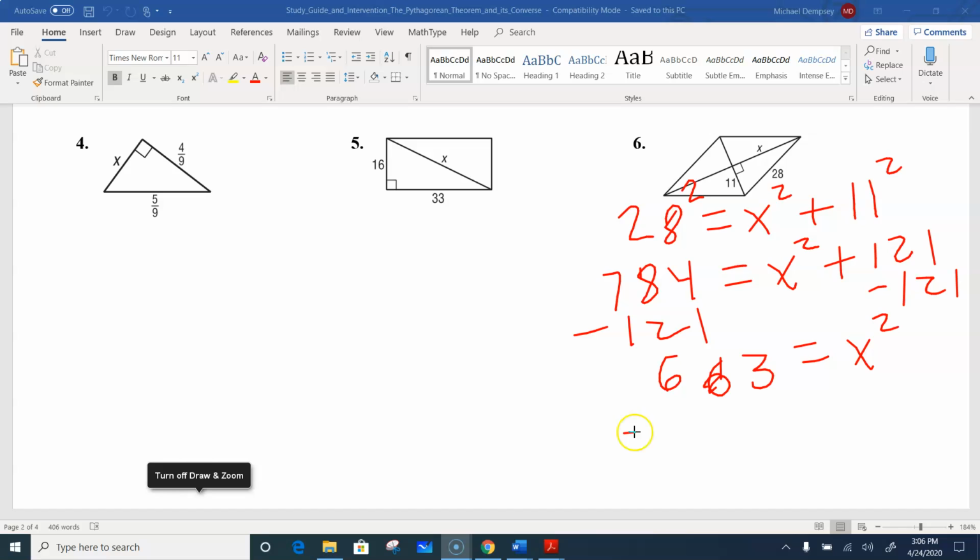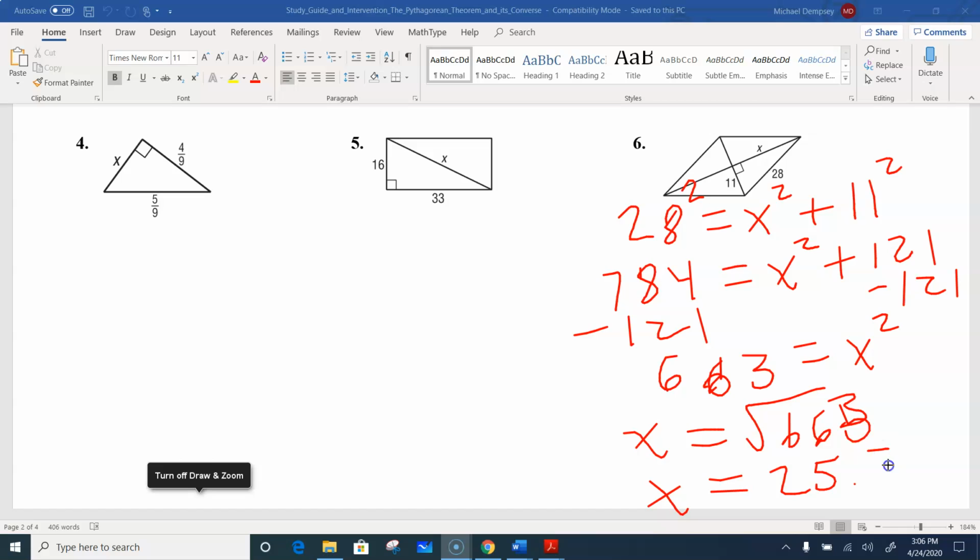And then we take the square root. So x is going to be square root of 663. Which is 25.7. Yeah, so I hope you got both of those.